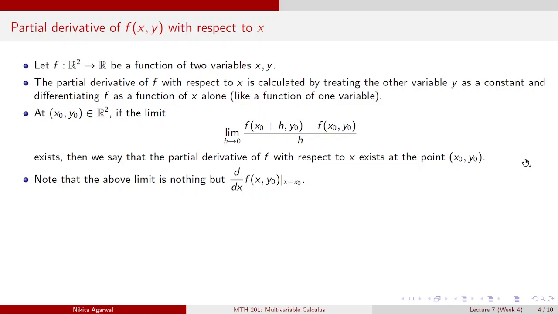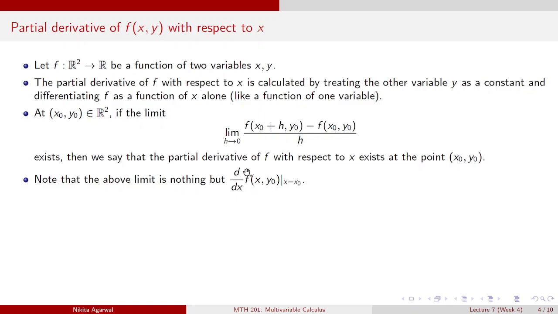Now note that this limit is nothing but the derivative. If I think of f as a function of x alone by putting y equal to y naught, then this limit is nothing but this. You look at the function f of x comma y naught. Remember, y naught is fixed, so f of x comma y naught is a function of x alone.